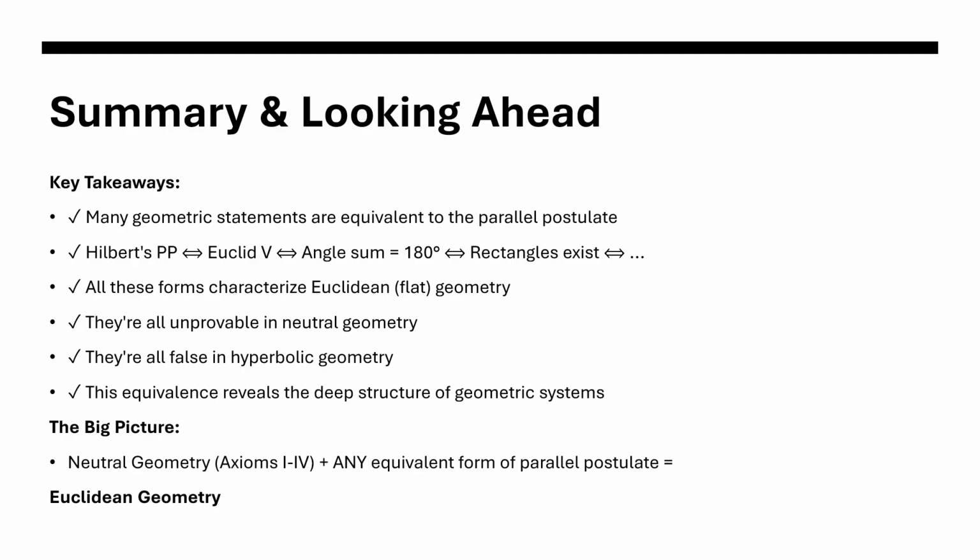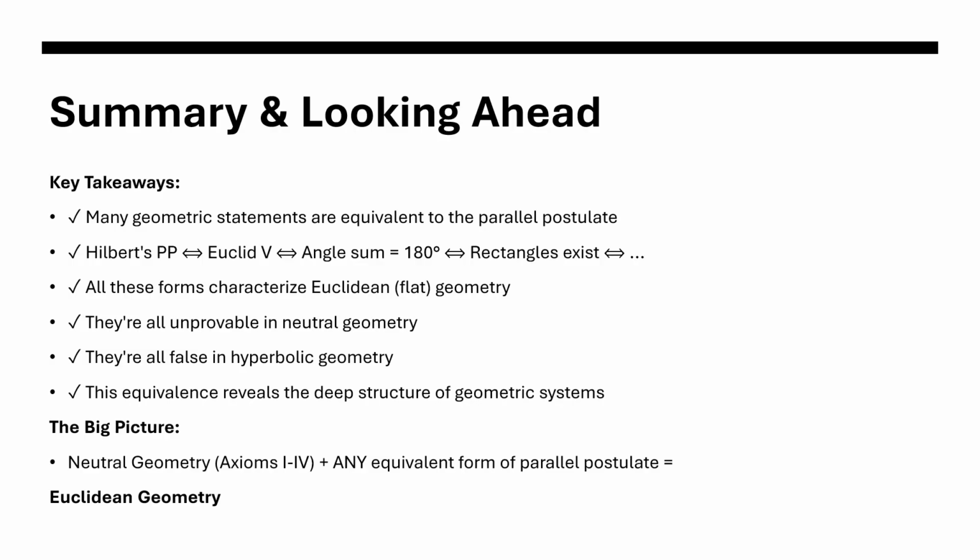Again, we've seen that the parallel postulate has many faces, but they are all the same underneath. The parallel postulate isn't just one statement. It's an entire class of equivalent statements. Mathematicians over the centuries keep discovering new forms, but they are all equivalent.